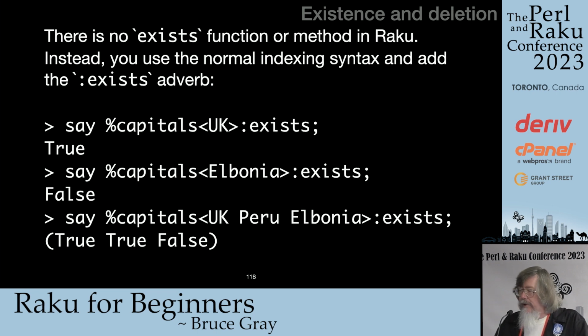You could ask in Perl, does this key exist in a hash? It's a function. It's in Perl func. We don't have exists because exists can't actually work in Perl. I worked in Perl for years and years and years and never realized this.